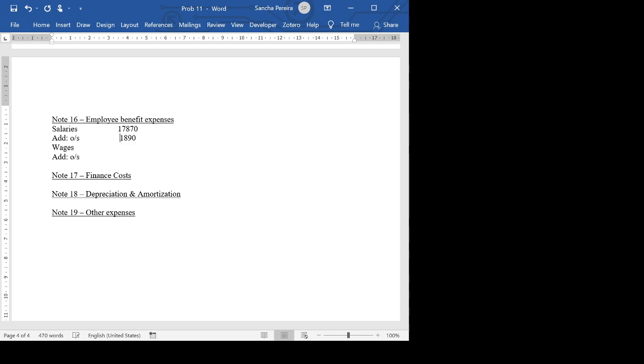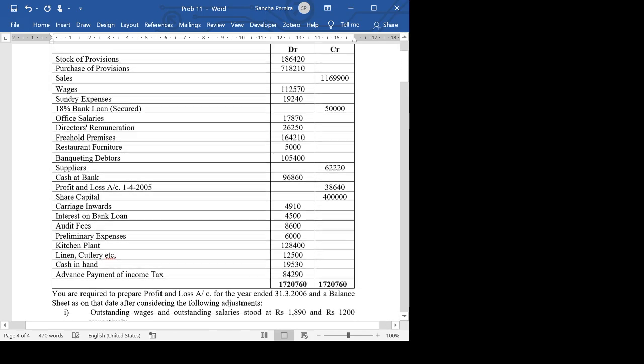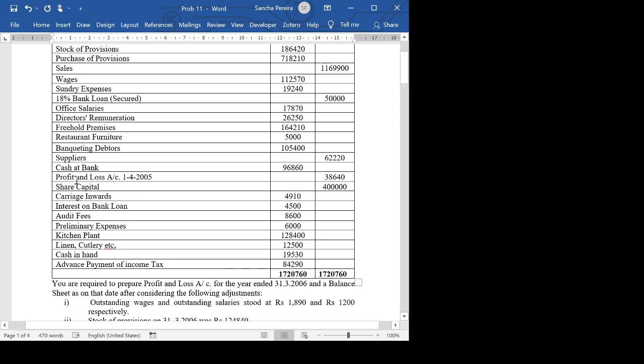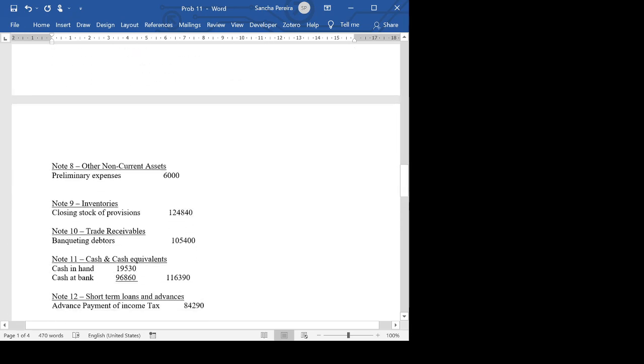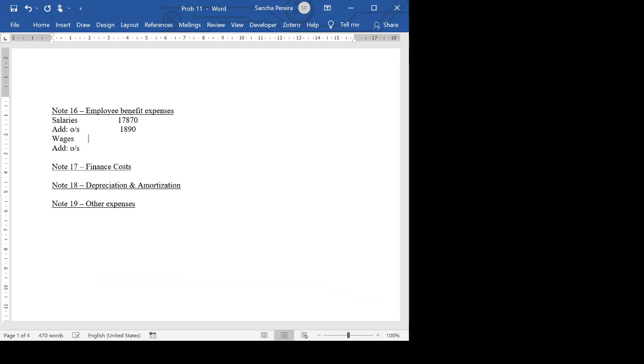Then we have the wages, which are given as 1,12,570. And the outstanding wages are 1,200.